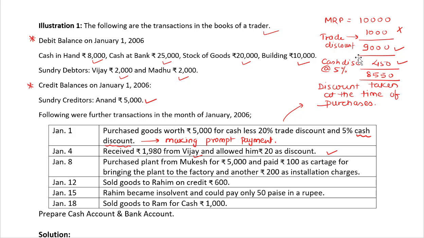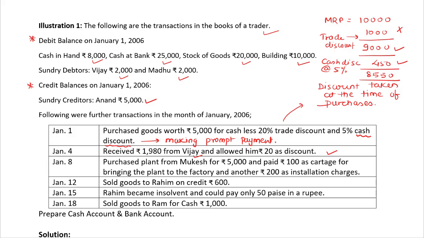January 8, we had purchased plant from Mukesh for 5,000 and paid 100 as cartage for bringing the plant to the factory. So 5,000 plus cartage, this could be 5,100, and another 200 as installation charges. That means this would be 5,000 plus 100 plus this 200. Is it clear to all of you?